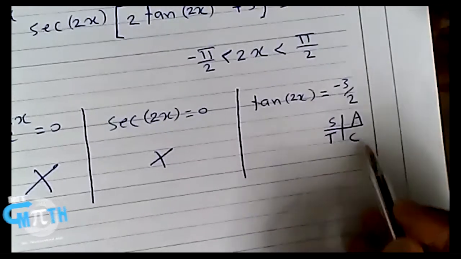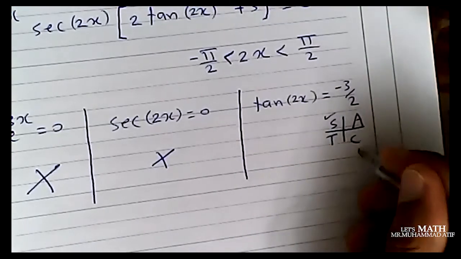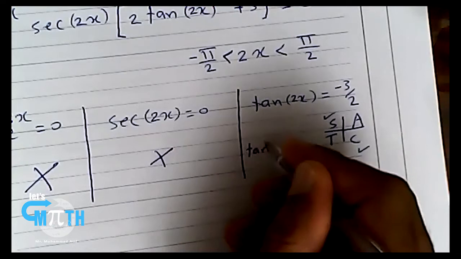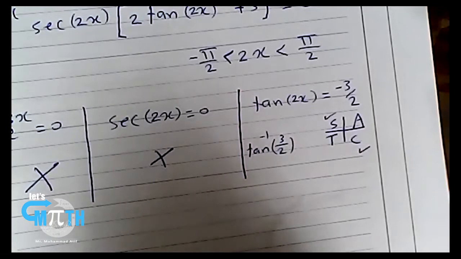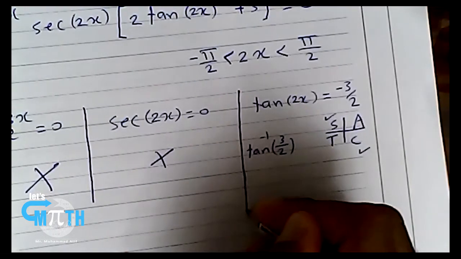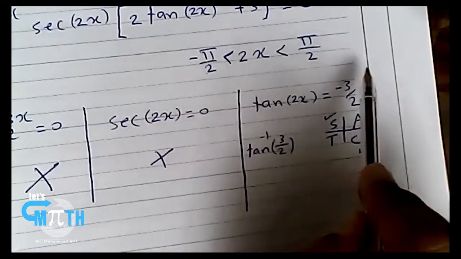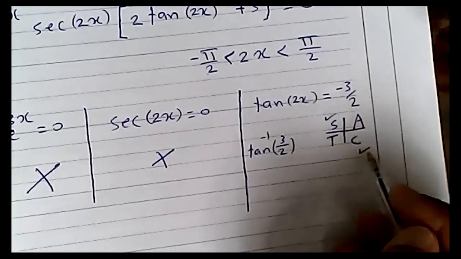Tan is negative. The quadrants that have negative tan are the second and the fourth quadrants. Then we'll shift tan 3 over 2 positively, and find the angle here in the second or in the fourth. But because the angle is between negative pi over 2 and pi over 2, we'll just pass through only these 2 quadrants, first and fourth.